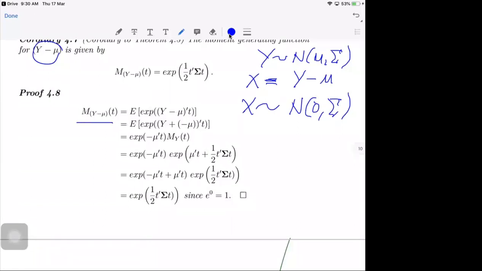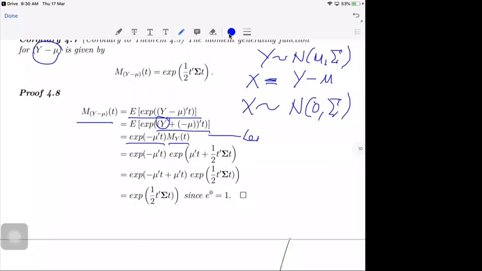So as a proof, this is just by definition of moment generating function. And then you can write this in this manner: y plus negative mu, t prime, using again lemma 1.24a. So this is equivalent to this times the moment generating function of y.